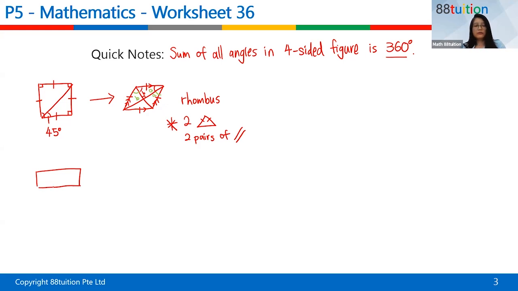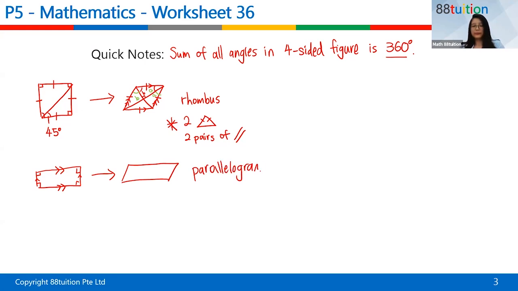We talk about another one, rectangle. The only thing about a rectangle that you know is that all four corners are 90 degrees. There are two pairs of parallel lines also. Same thing, a slanted rectangle is a parallelogram.